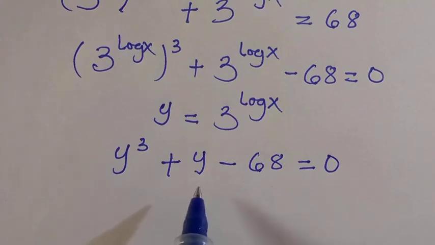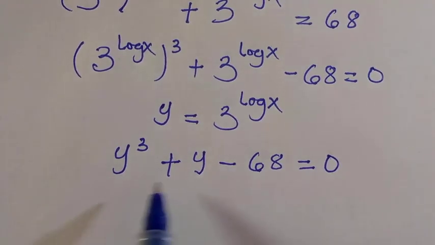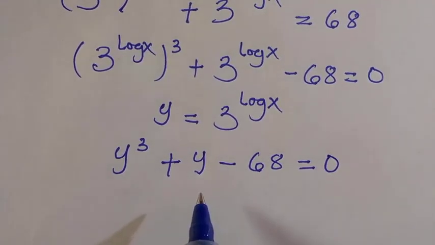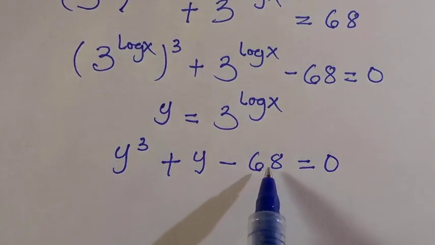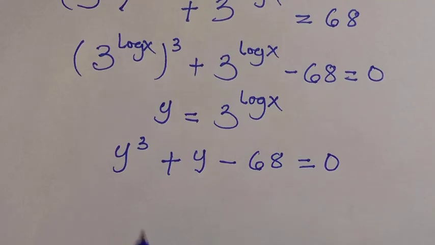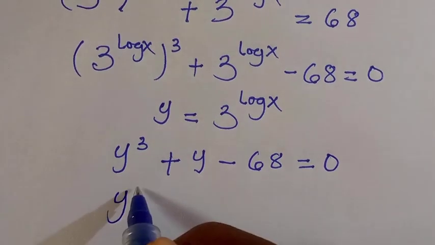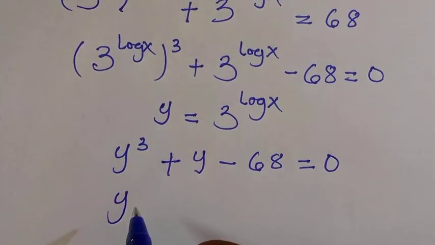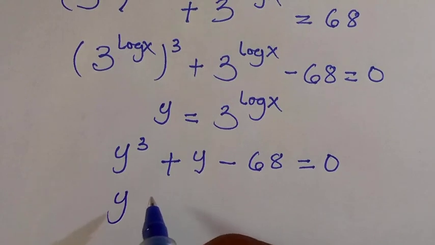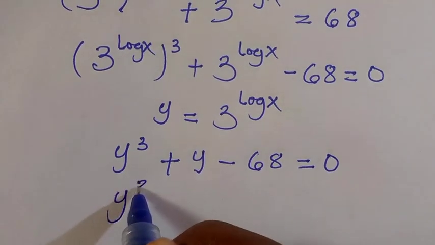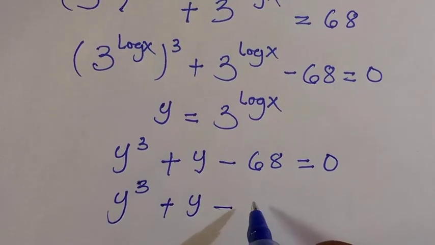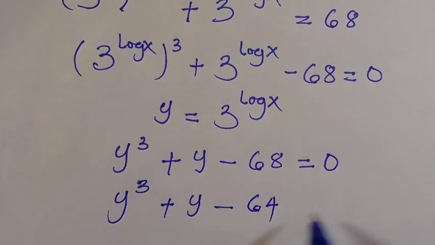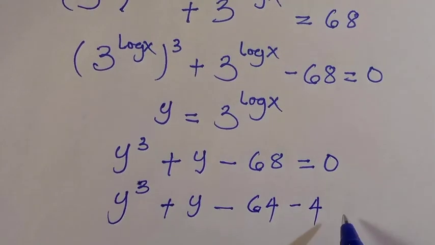If this is a cubic equation, we are going to find the value of x for this. But what we do is, we have this 68, which you can rewrite as 64 plus 4, so here we have y to the power of 3 plus y minus 64 minus 4 equals 0.